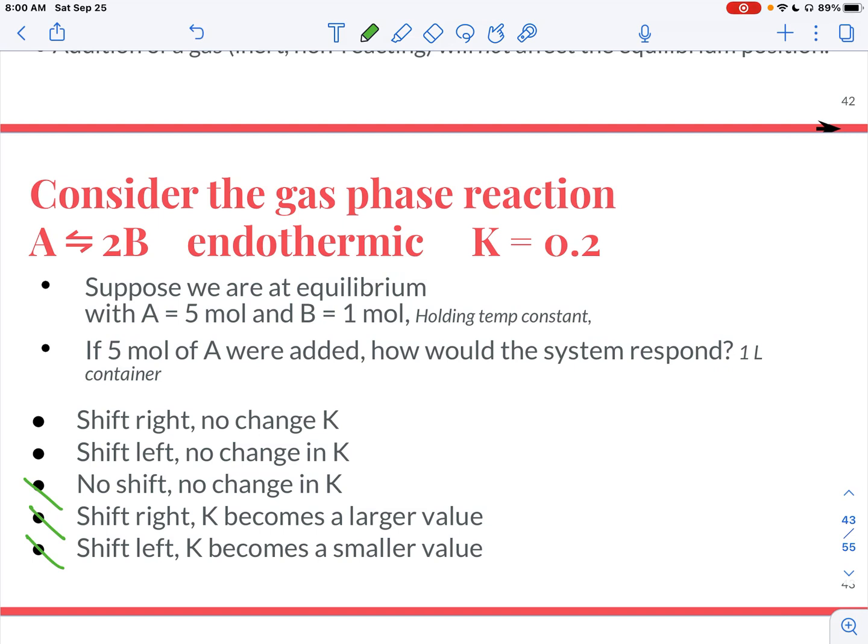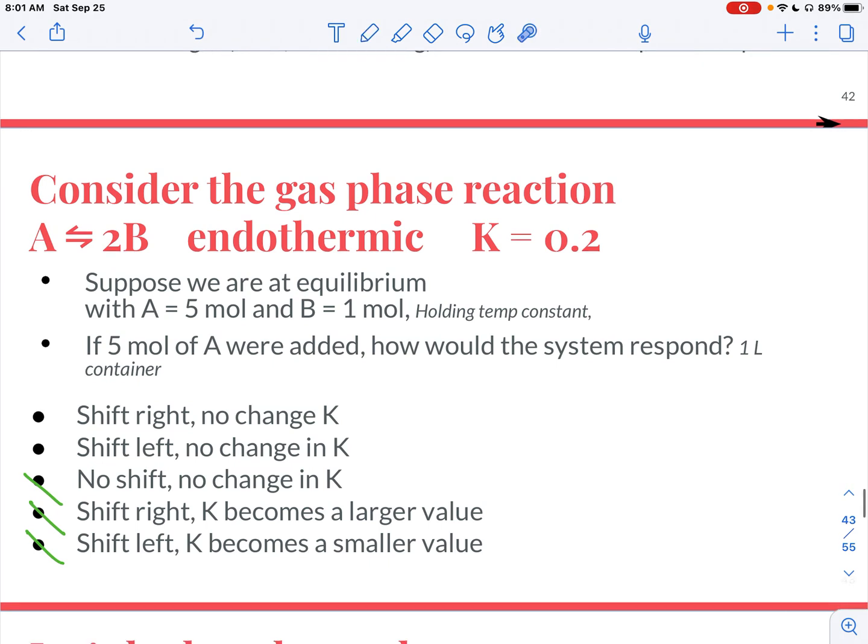Okay, I think the easiest way is, if we need to hold the ratio constant and we're adding more on this side, what needs to happen? We need to get more on this side, right? So if the ratio is going to be constant, because we know K is the same, we need to use up some of the A and get more B.